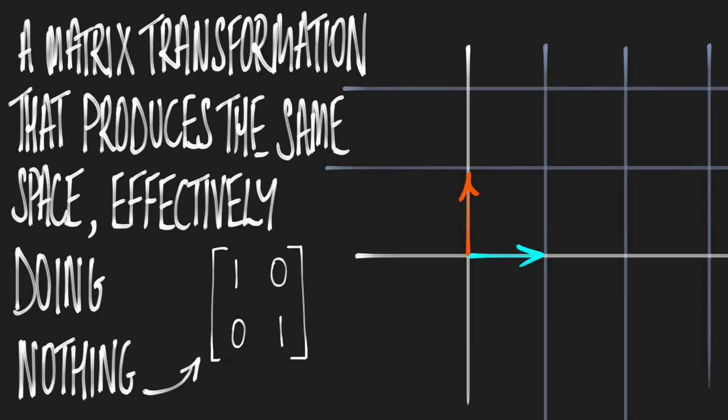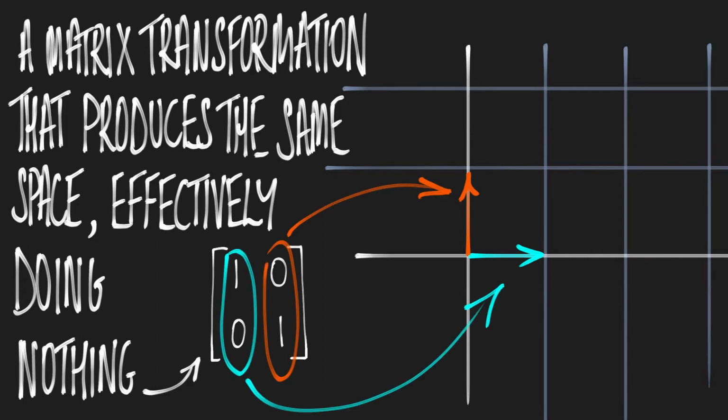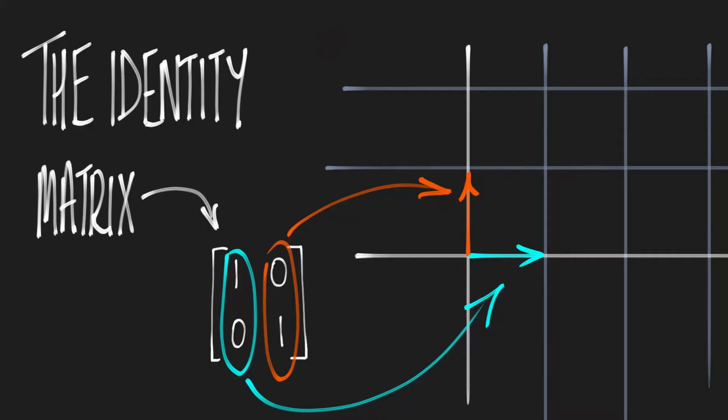Well, it's going to be 1, 0, 0, 1, because the first column is where the i hat vector is going to land, and that's just on itself again, and the second column is where the j hat vector is going to land, so that's on itself again. And you might notice this as the identity matrix. It is the identity matrix.